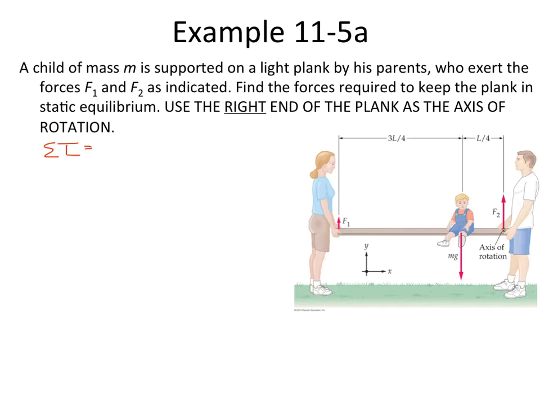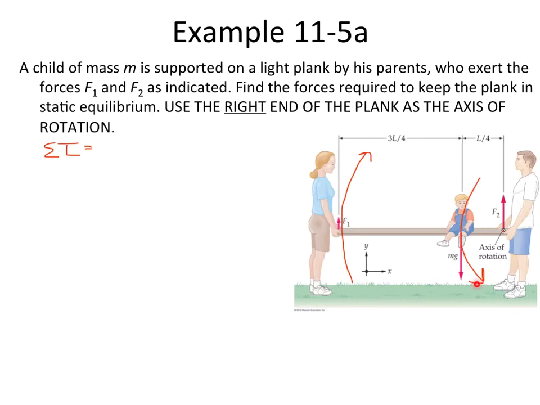Well, we have two forces creating a torque around this axis of rotation right there. The child is creating a torque in the counterclockwise direction, and this woman right here, lifting upwards, is creating a torque in the clockwise direction. Now we know counterclockwise is positive, so let's just go ahead and list that first.